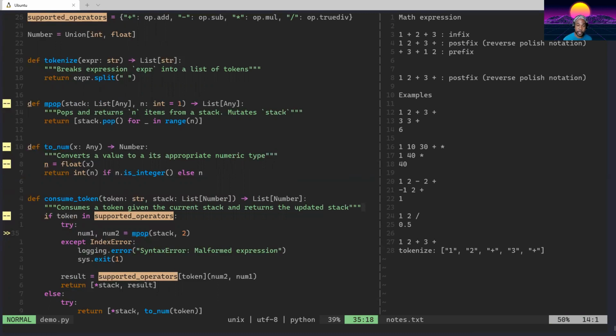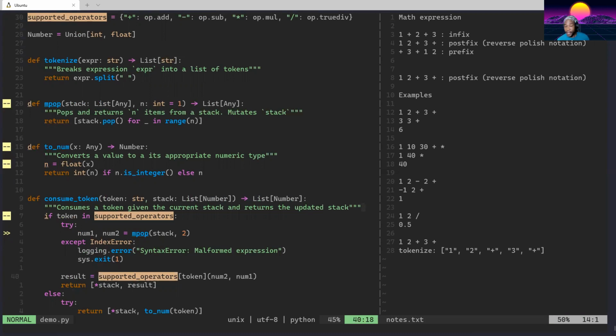And so we take two things off the stack. And if we happen to encounter an operator and we can't take two things off the stack, that's a problem. It means that we've written our expression incorrectly, because the constraint here is that we need two things, right?